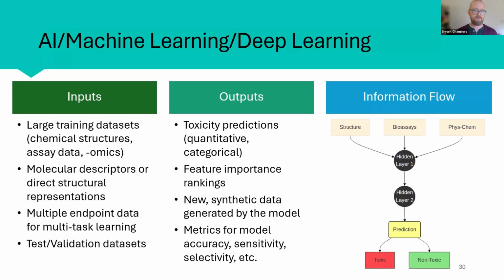The outputs from this can be many different types of data. We can look at predictions for toxicological parameters, so quantitative, where we can actually compute things like values, a POD or a concentration of activity. Or we can do categorical hazard marking. Does this chemical do this? Is this something we should be worried about?